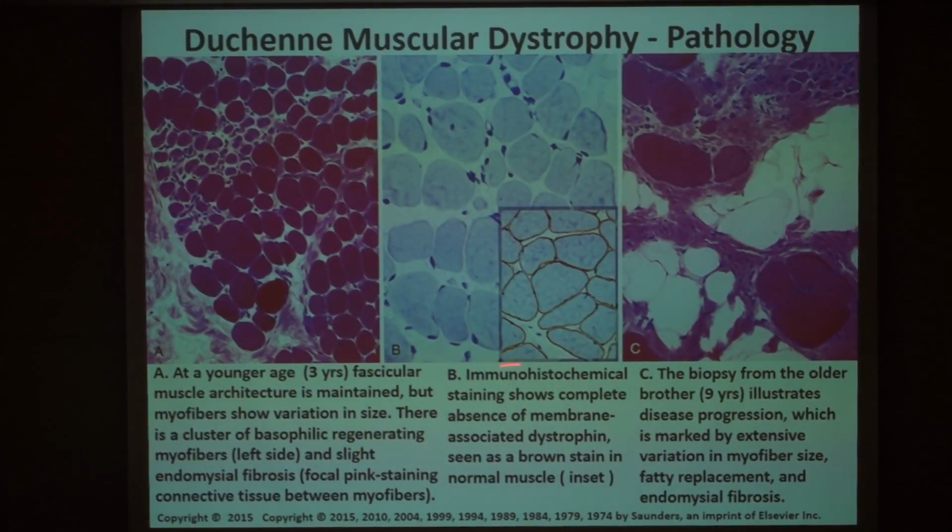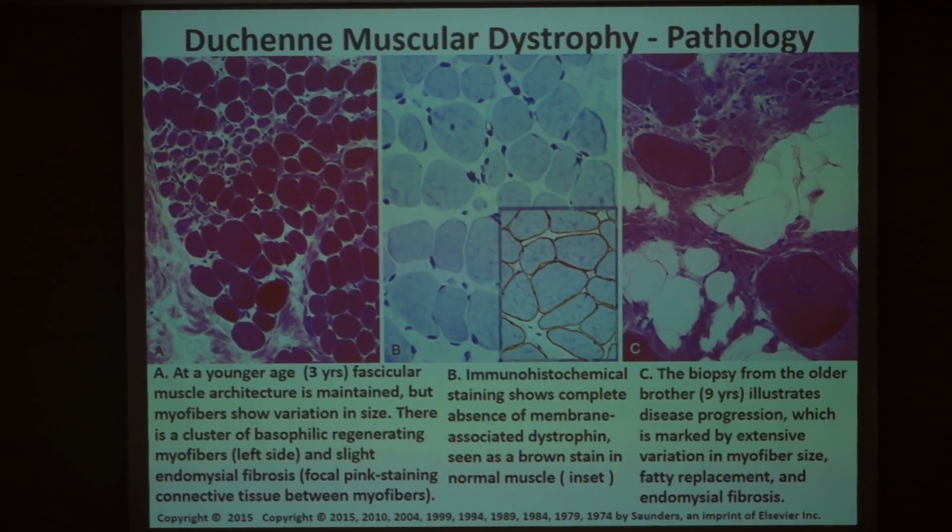And we talked to you about the dystrophin staining and what normal dystrophin staining looks like. See this dark brown color here. In a patient with Duchenne's muscular dystrophy, you have total absence of the dystrophin, and that's why there is no staining.